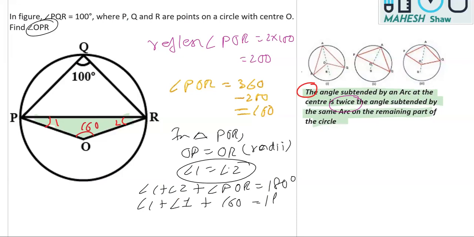So 1 plus 1 plus 160 is equal to 180. Angle 1 plus angle 1 is twice angle 1. Transposing 160 to the other side, it is 180 minus 160, that is 20 degrees. This implies that angle 1 is equal to 20 divided by 2, that is 10 degrees. So we got this angle as 10 degrees, and that will be the final answer.